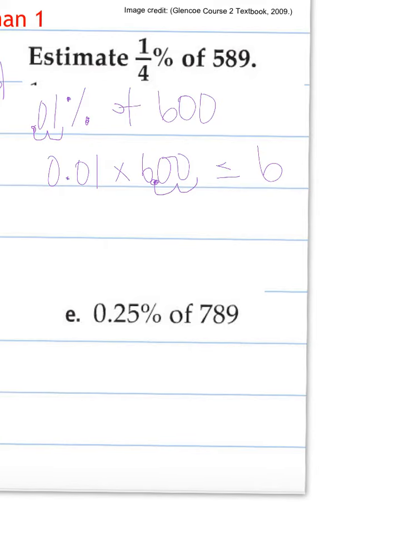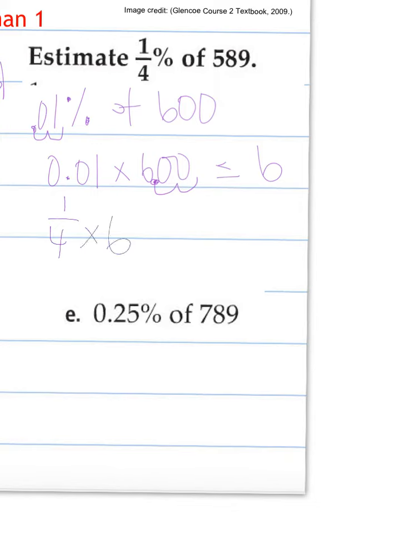So that means that 1/4 of 6. Okay, so we found out what 1% of 600 would be, but we're looking for 1/4 of that. So now we could take 1/4 of 6.